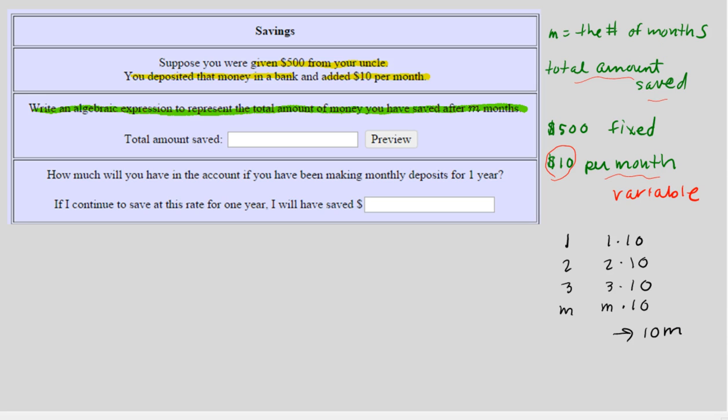So now let's write this in words and translate it to an algebraic expression. So the total amount saved is, well, the amount your uncle gave you. We'll call that uncle gift plus the $10 per month that you save.